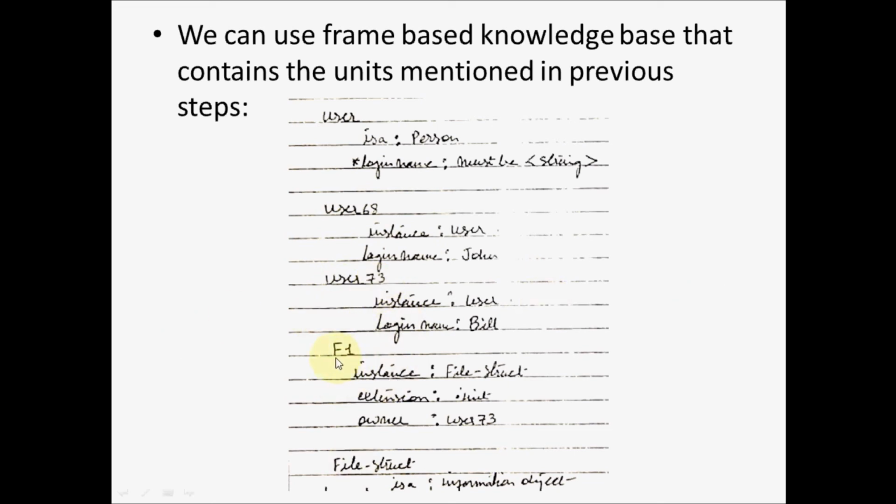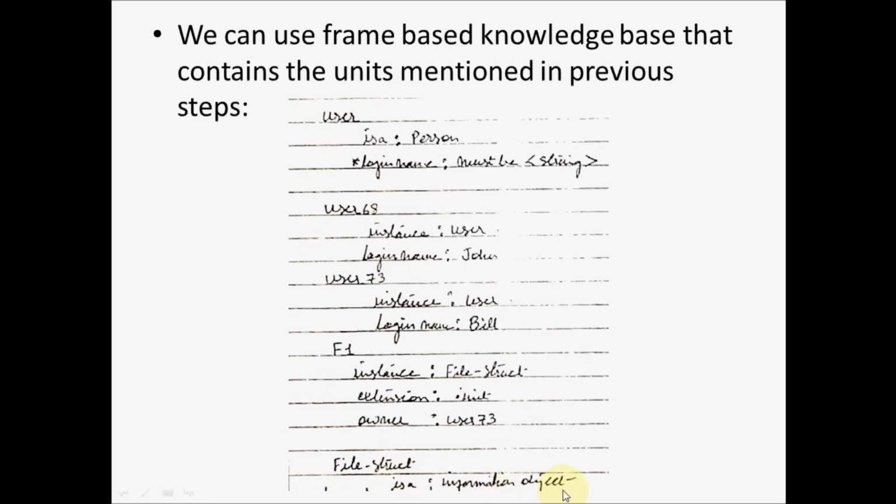Then F1 is an instance of file structure. So let's say F1 is a file structure, an instance of file structure. An extension of that F1 is .init, and whose owner is user 73. Who is that user 73? His login name is Bill. So this is that file which I am talking about. Okay. Then what is file structure basically?